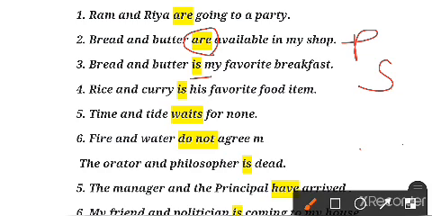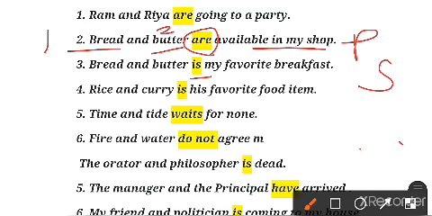Actually, see, the use of the sentence is somewhat different. How? See here, bread and butter: one subject and then another subject. These two words are separated. There is one packet of bread and another packet of butter. These two are available in my shop. Clear?